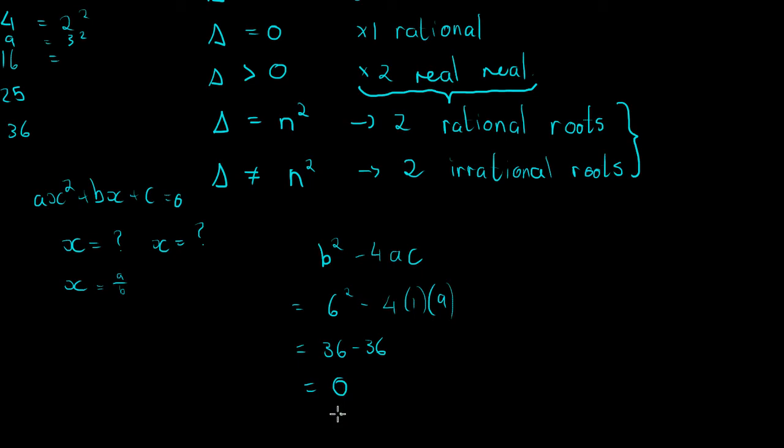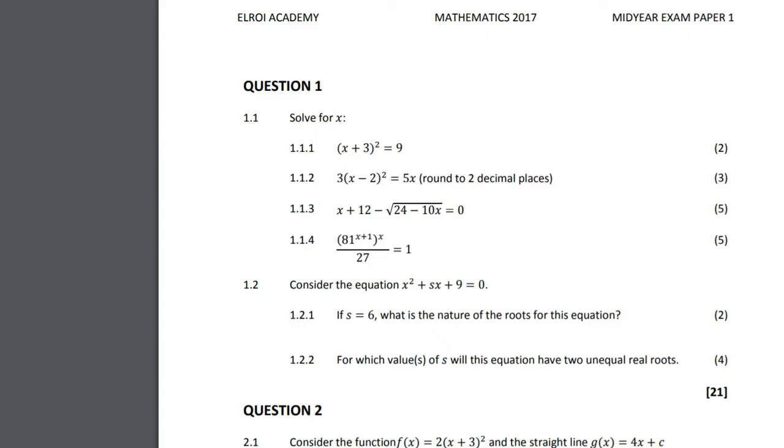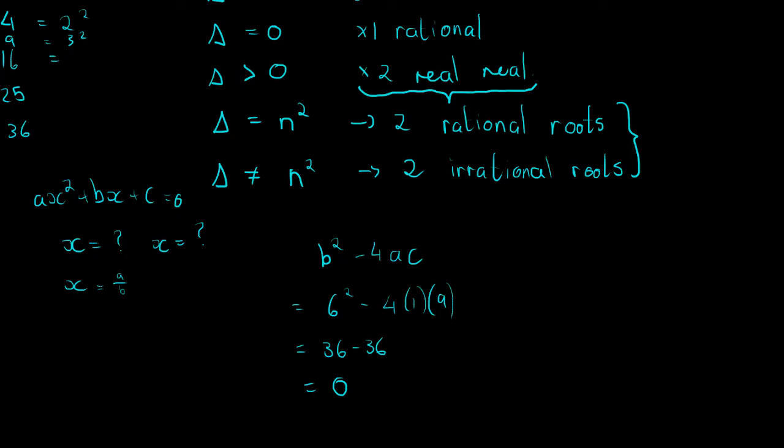So I get 0. A lot of people gave me one solution, x is equal to 3. But that's not the question. It wasn't what is the solution. The question was, what is the nature of the roots? And in this case, the nature of the root is this: one rational root.